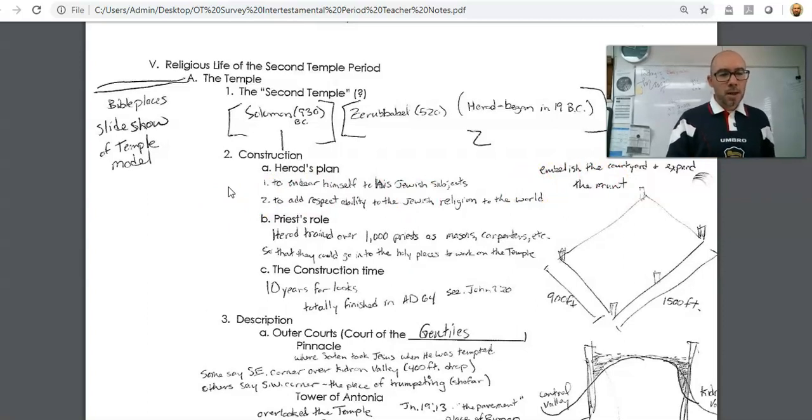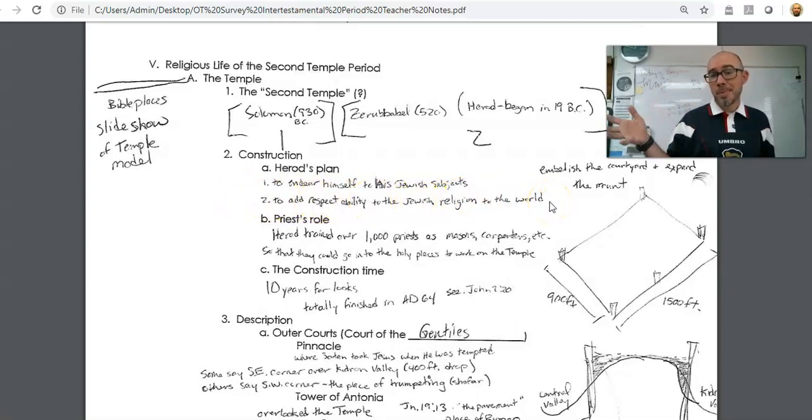First, number one, a reason for building up this Temple Mount is to endear himself to his Jewish subjects. He wants them to be on his side. So he throws a bunch of money at this building project. Number two, to add respectability to the Jewish religion in the world.